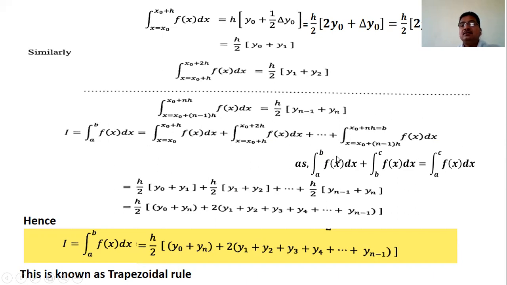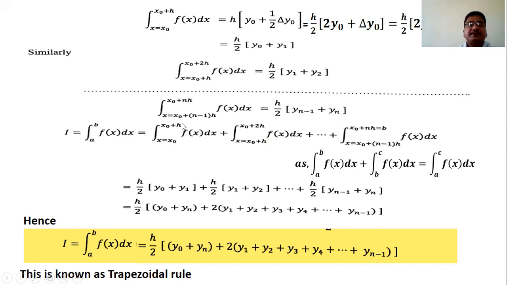So by using this rule, the integration a to b is divided into these n subintervals: x0 to x0 plus h, x0 plus h to x0 plus 2h, and in this way x0 plus (n minus 1)h to x0 plus nh.